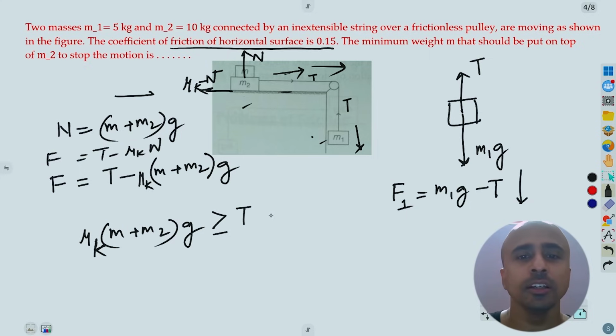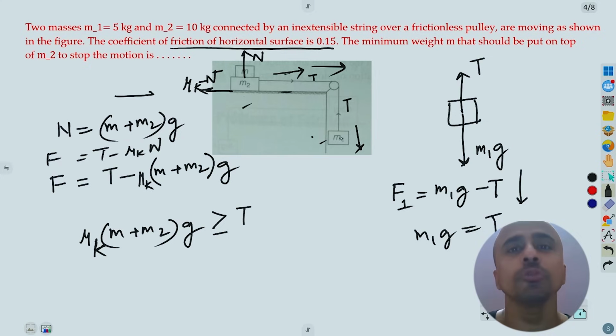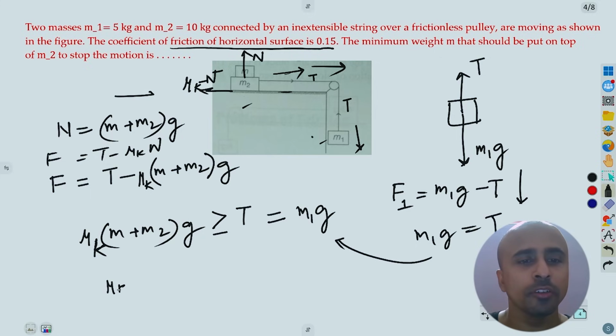And what is T? If the system is not moving, then it means m1g equals T, because the system is not moving. If this does not move, this will also not move. So m1g equals T, and from here we substitute the value of T. So we have mu k (m plus m2) greater than or equal to m1.